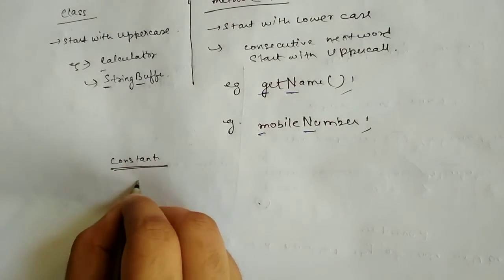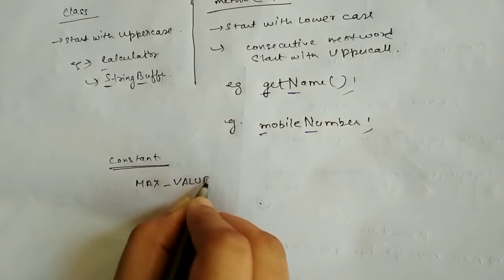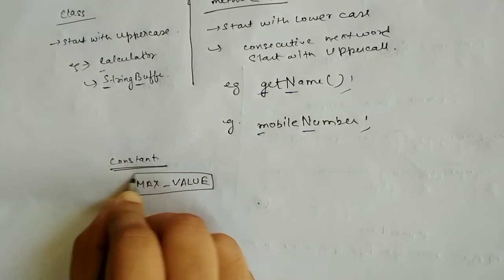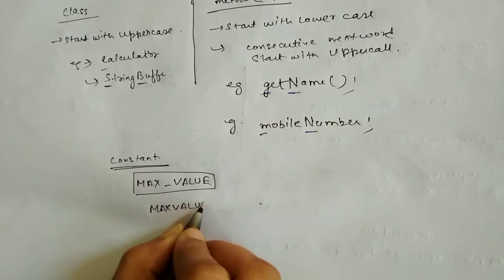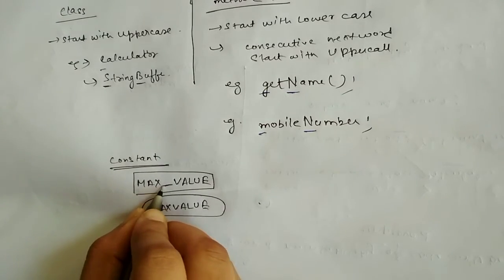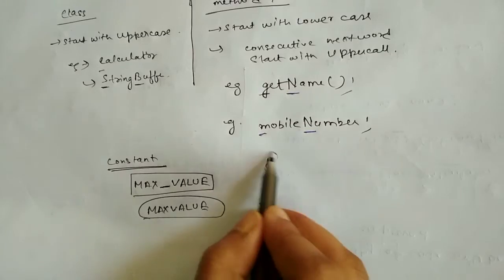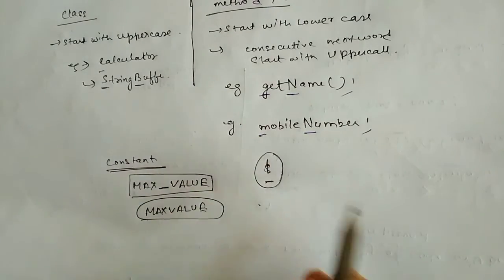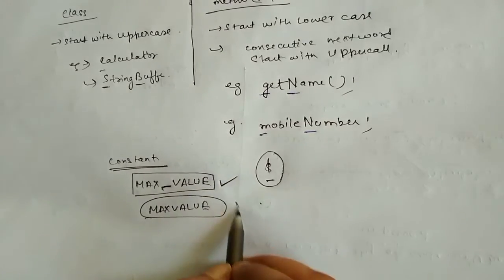For writing the constant, we can use MAX, but as we are writing everything in uppercase, if we write MAXVALUE, it won't be easy to differentiate. So we will provide an underscore. Underscore and dollar are the only special characters we can use in the name of a variable, so using the underscore is better.